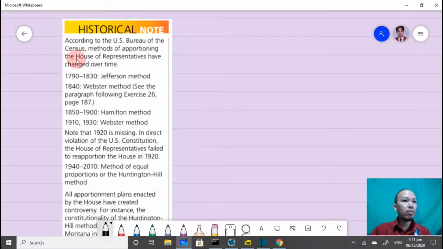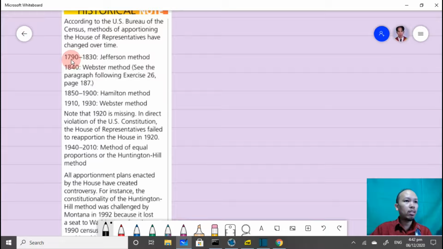Okay, so for this last one here, we have this historical note. It says here that according to the U.S. Bureau of Census, methods of apportioning the House of Representatives have changed over time. So from 1790 to 1830, they used the Jefferson method. In 1840, we have Webster.